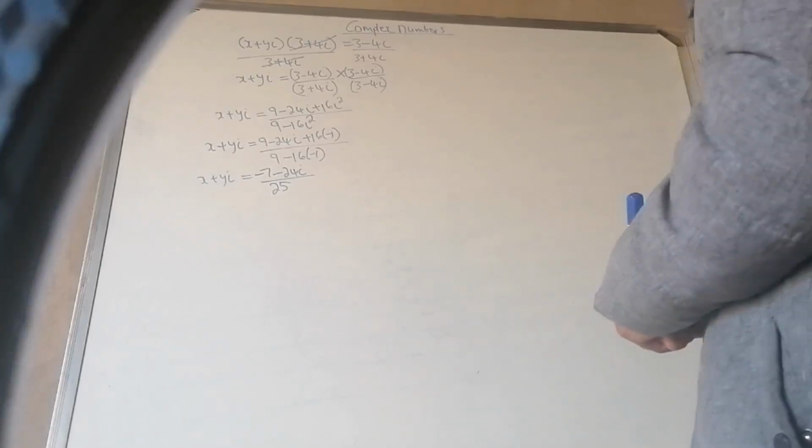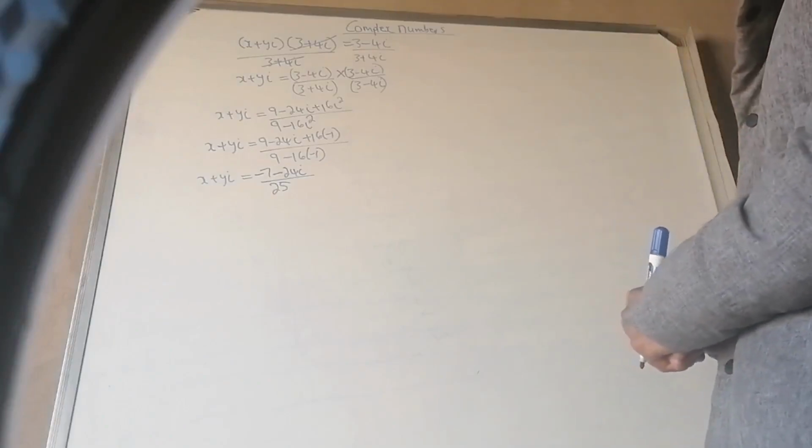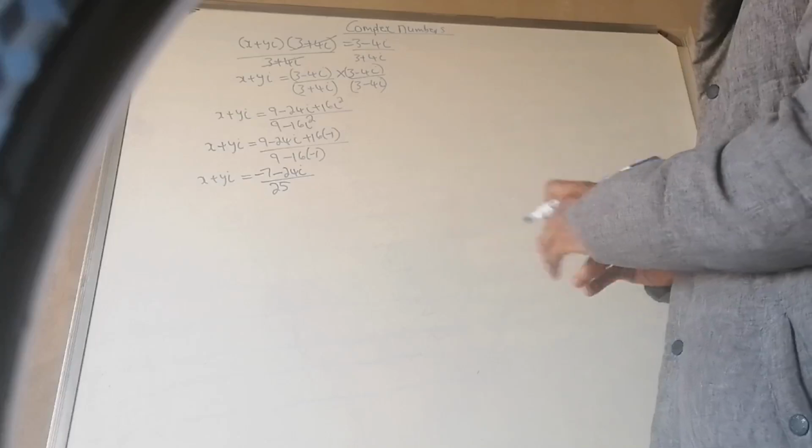Now remember what the question said. The question said that we should find the values of x and y where x and y are real numbers. So what do we do from here? When we are at this stage, what is it that we can do?